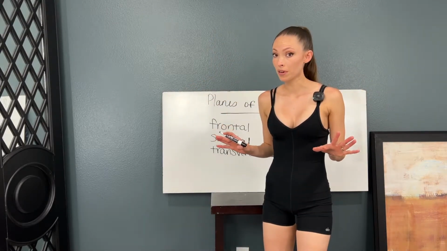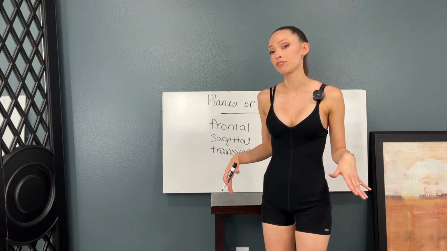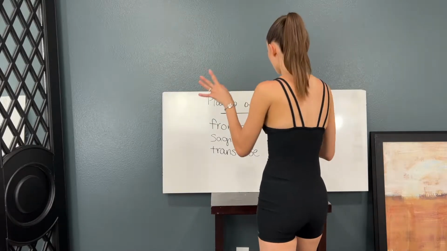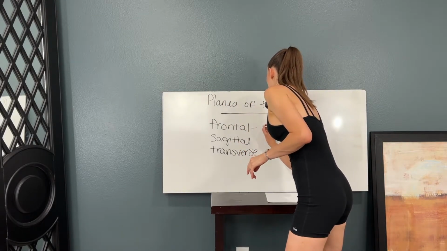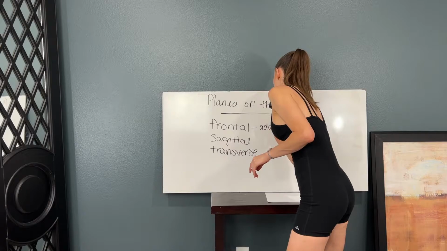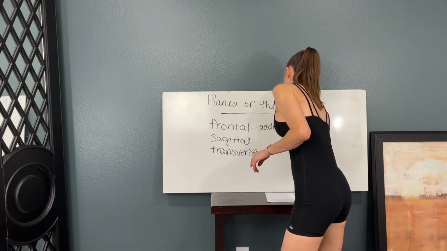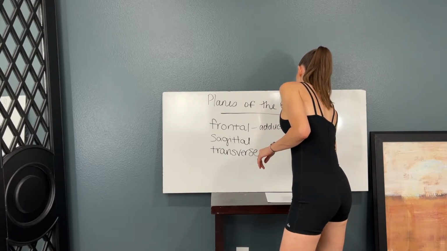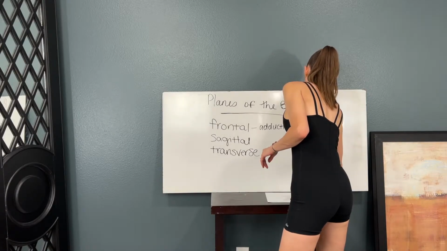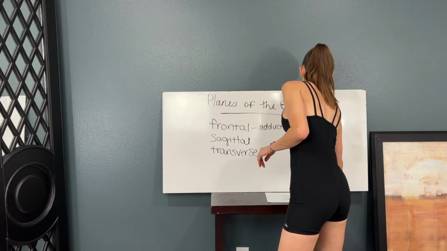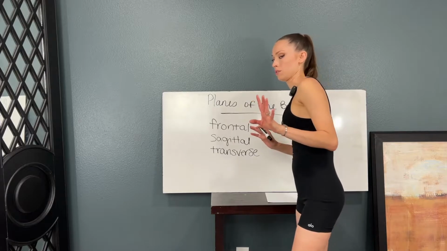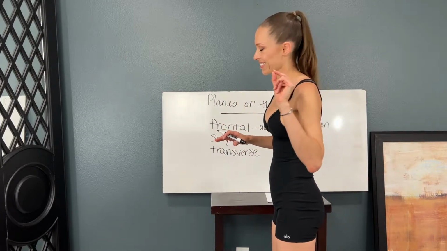And in each plane of the body, there are different types of joint movements. So for example, in the frontal, you would generally have adduction and abduction. And we will go over these in a few moments, so just hang tight.